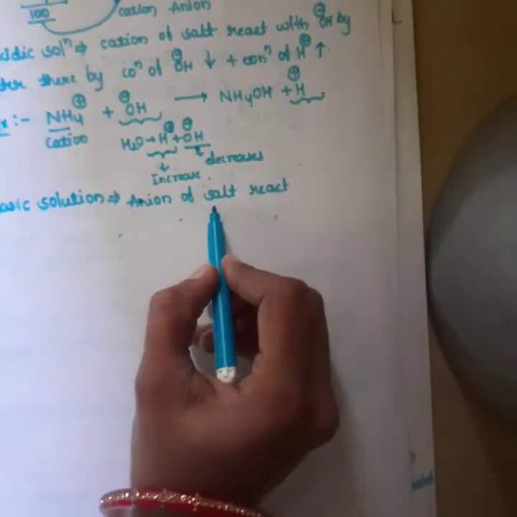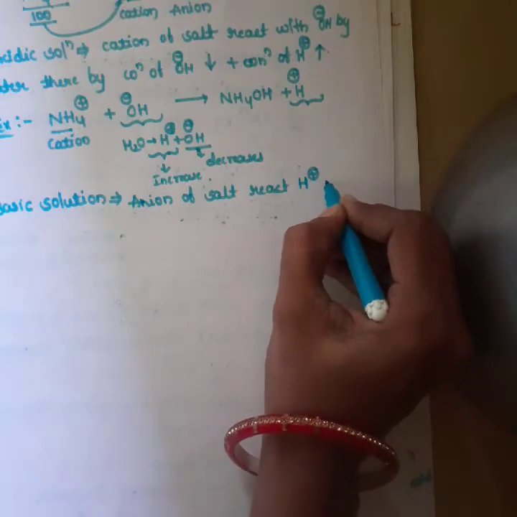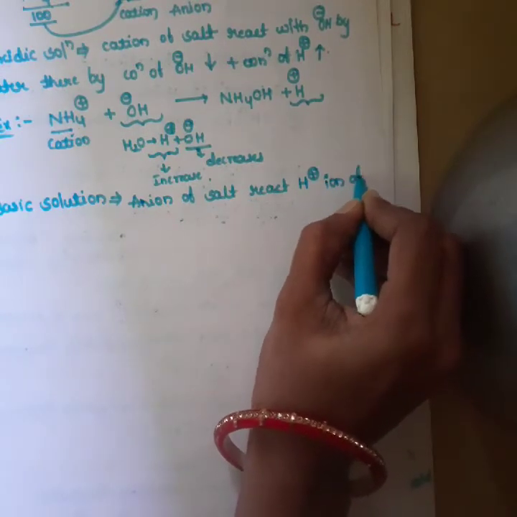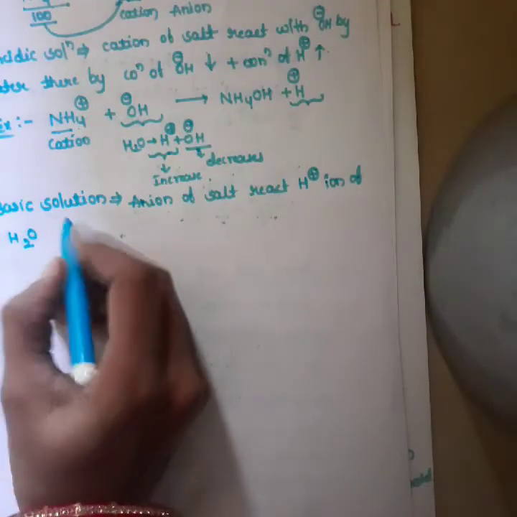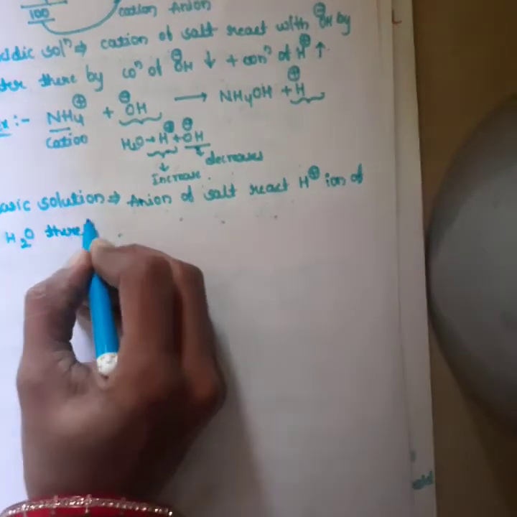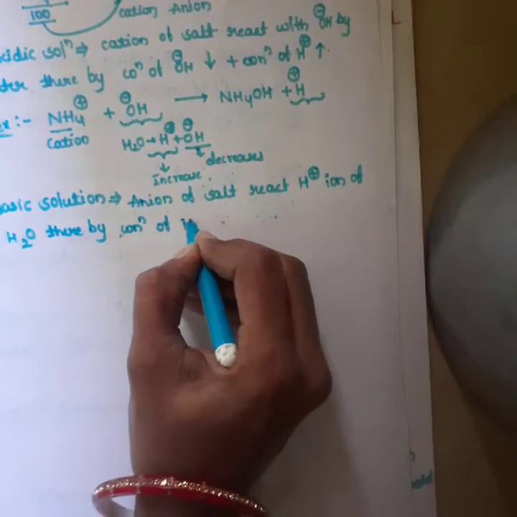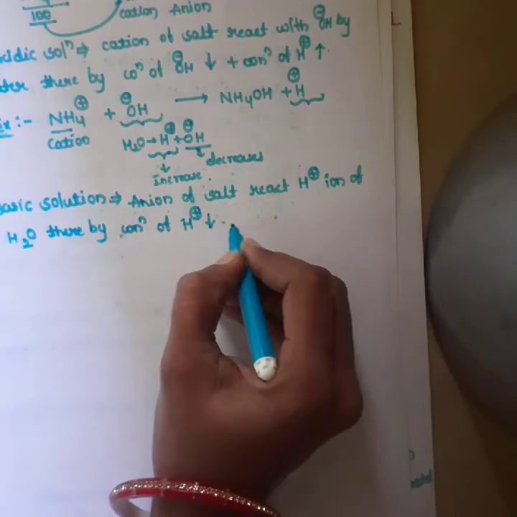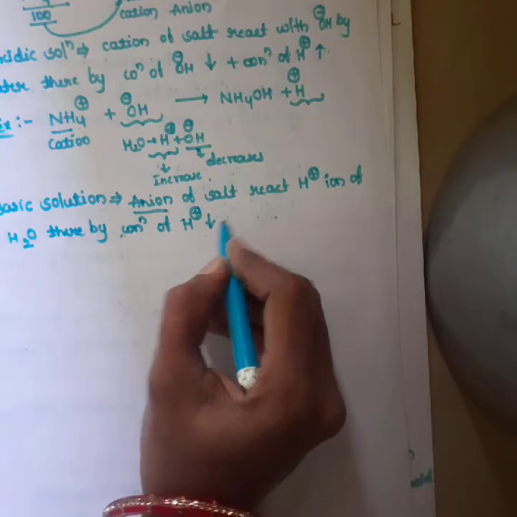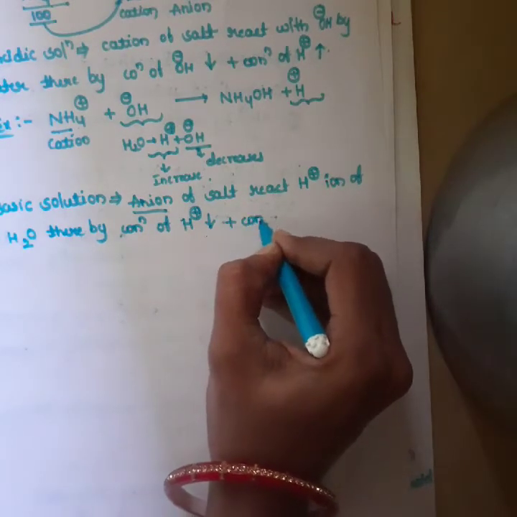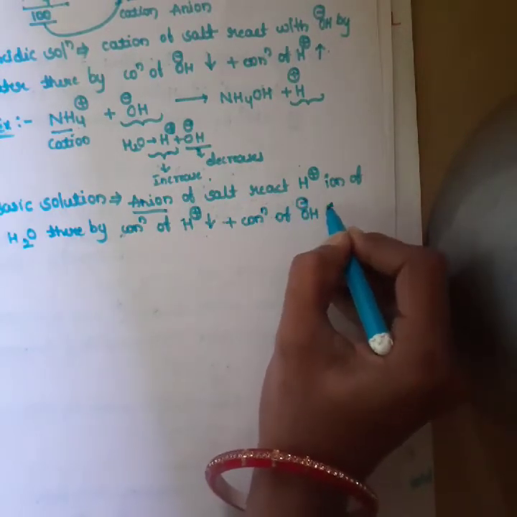That's why the anion of salt reacts with H plus of water. Thereby the concentration of H plus decreases, and the concentration of OH minus increases.